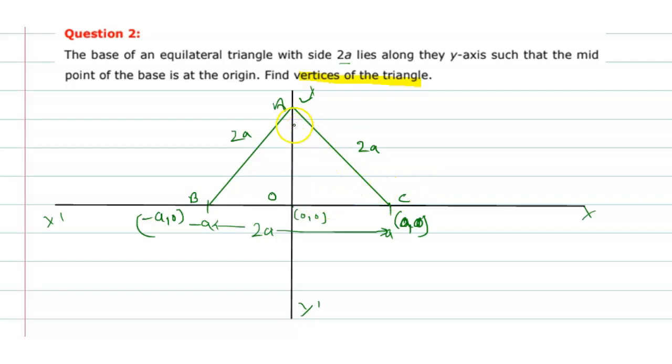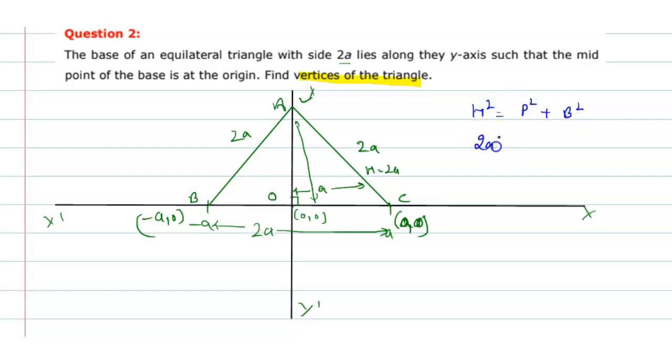So you can see that here this is a right angle triangle. So this is a and the hypotenuse is 2a, and using the Pythagoras theorem, hypotenuse square is equal to perpendicular square plus base square.